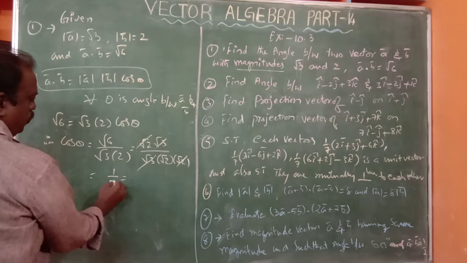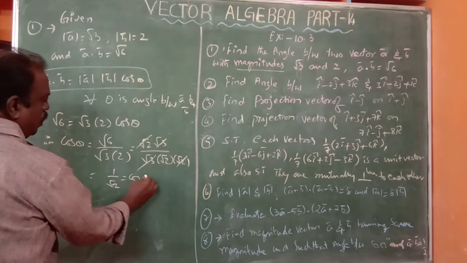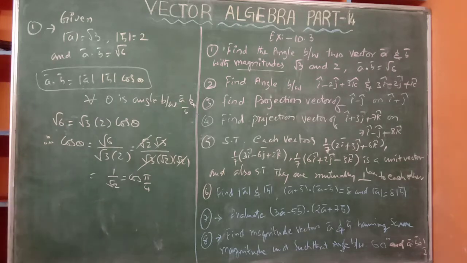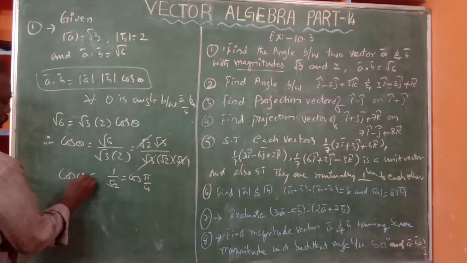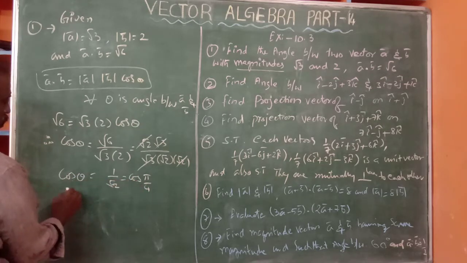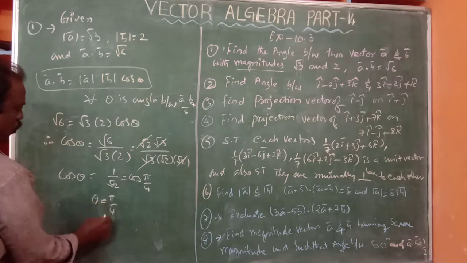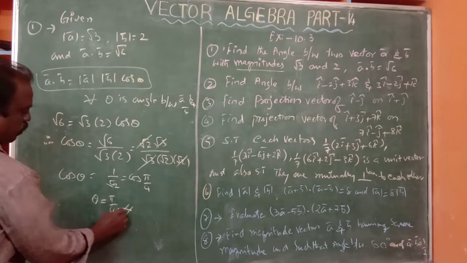1 by root 2 means it is cos pi by 4. Given cos theta is equal to cos pi by 4, so theta is equal to pi by 4. So the angle is pi by 4.